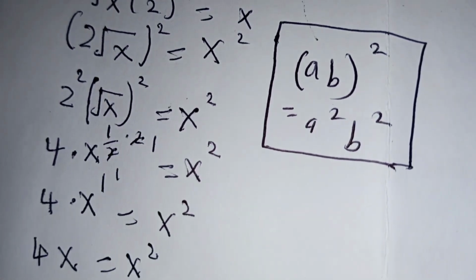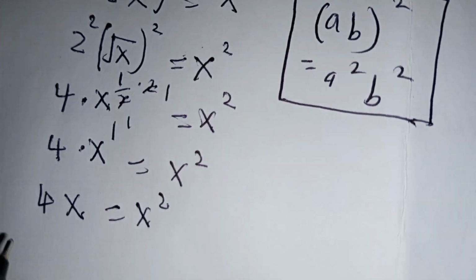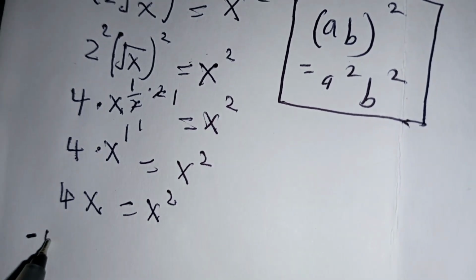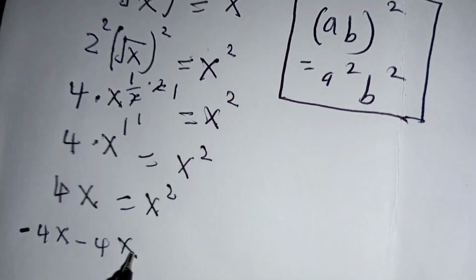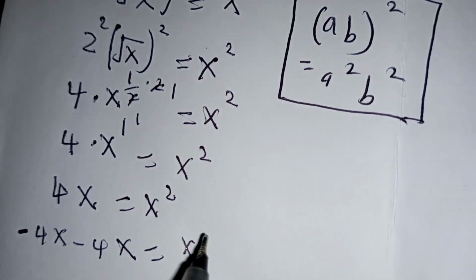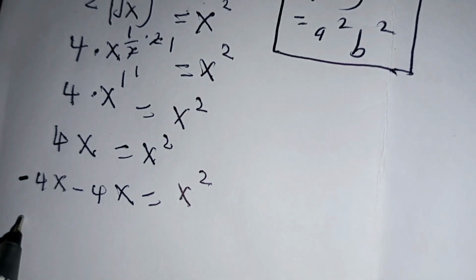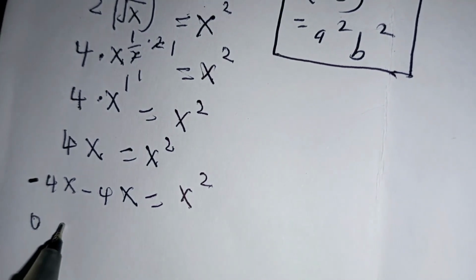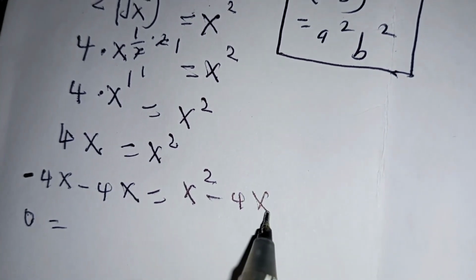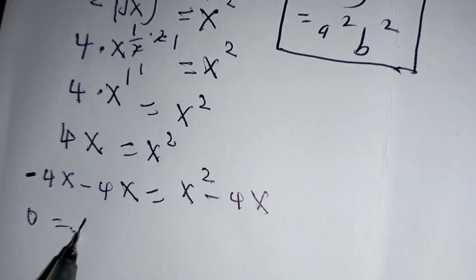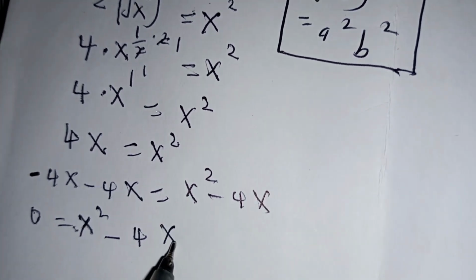Any number to the power 1 is itself. So we can subtract 4x on both sides, so minus 4x. We are left with 0 on the left hand side, which is equal to x squared minus 4x.